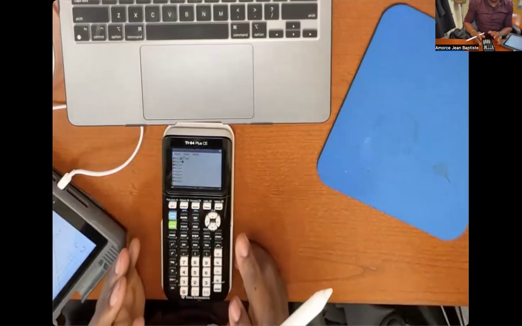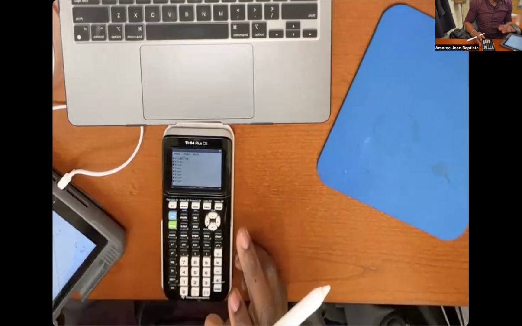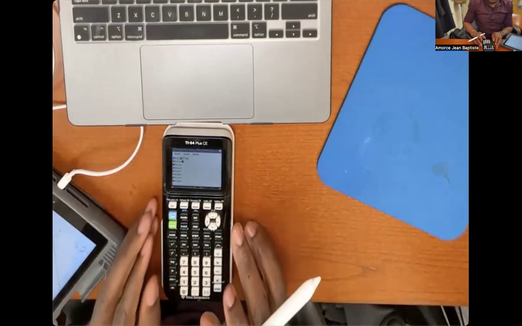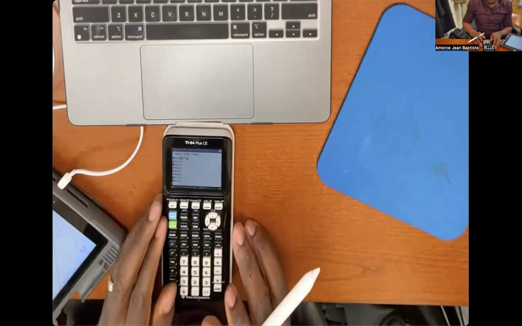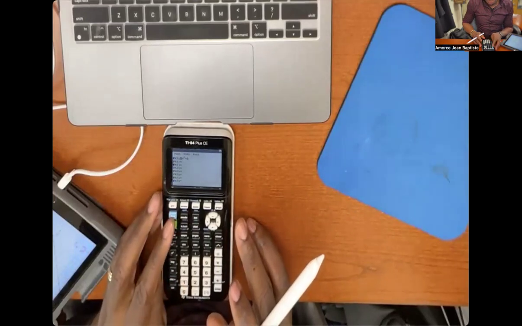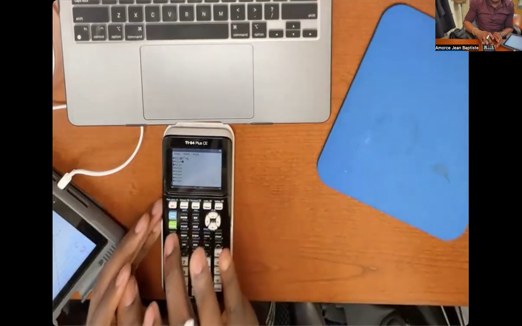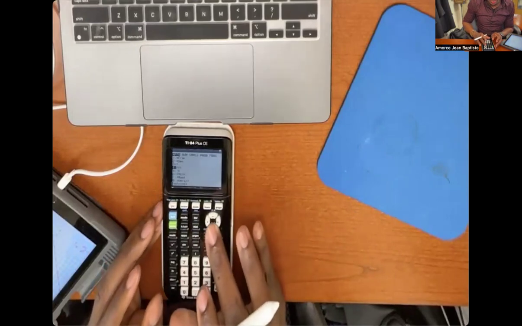I'm going to type the second one too, which is the cube root of x minus 6.